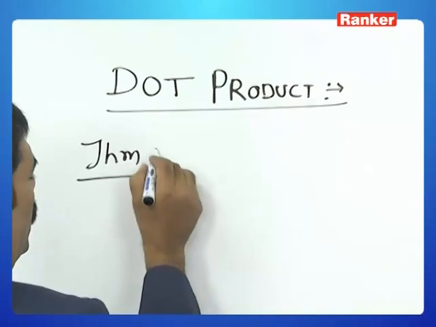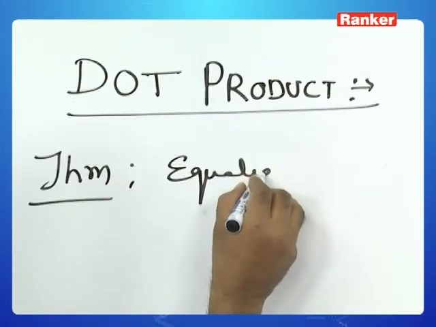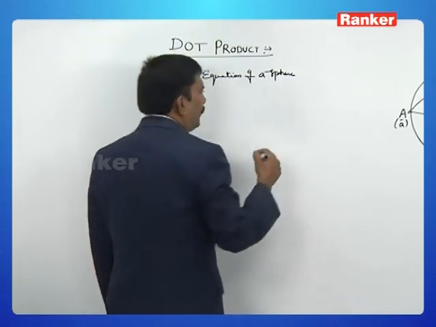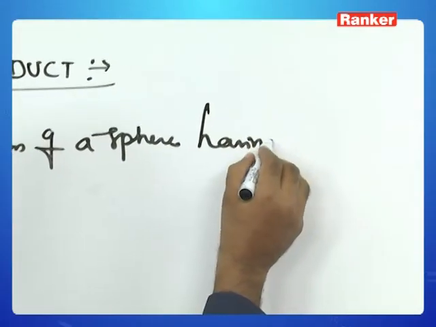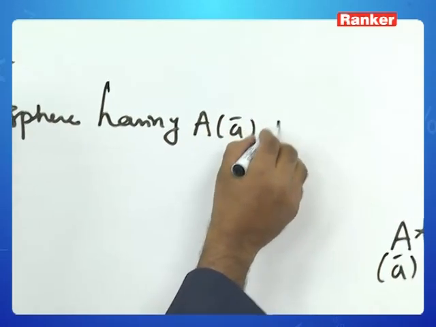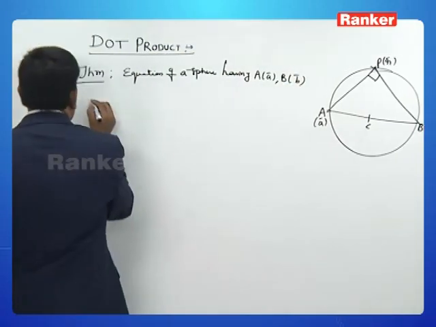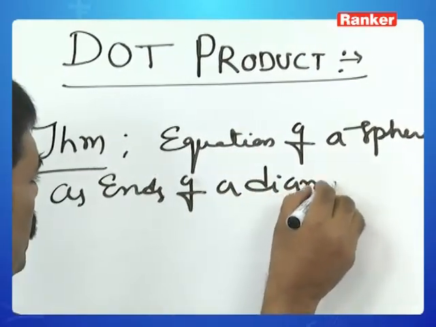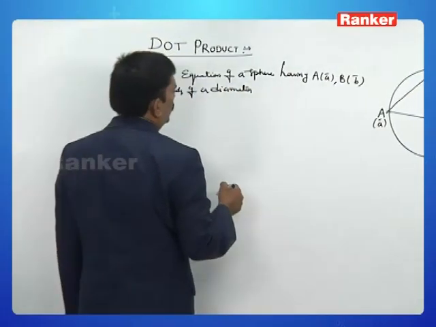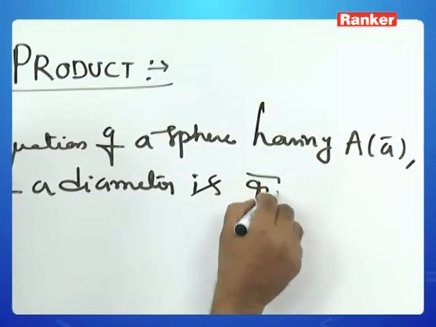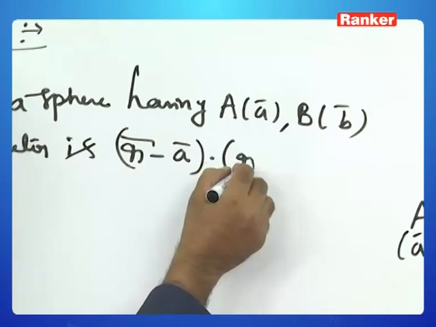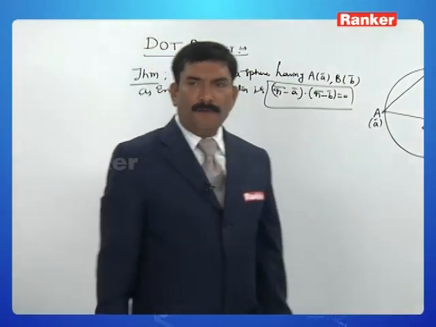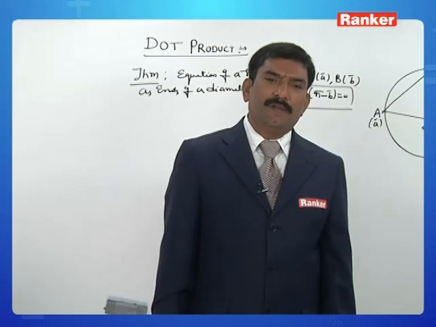The equation of a sphere having A of a bar, B of b bar as ends of a diameter is (r bar − a bar) · (r bar − b bar) = 0.